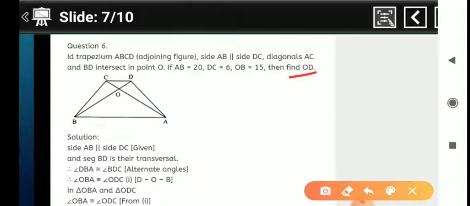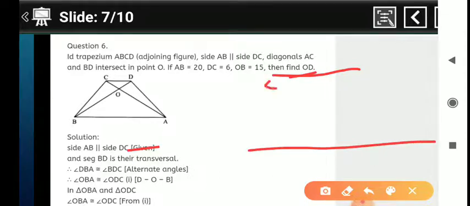Side AB and side DC are parallel. The reason is that the given quadrilateral is a trapezium, and in a trapezium one pair of sides is always parallel. Therefore CD is parallel to AB. In the diagram, suppose these are the two sides, CD and AB.